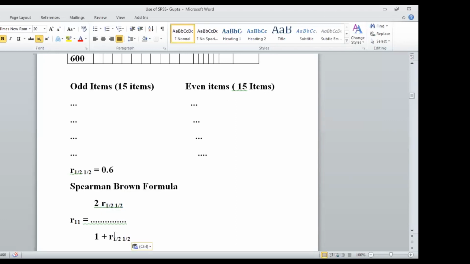Why plus? You can think and I will tell you. Now here, because R half-half, I told you, is 0.6, that means this will be 0.6. 0.6 is to be multiplied by 2.